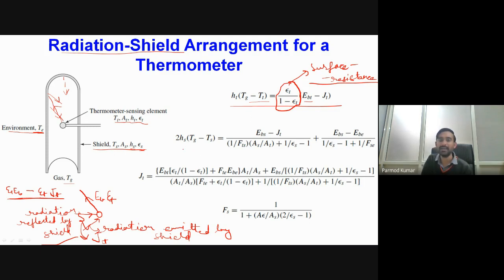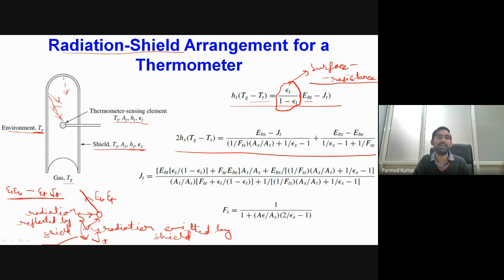Similarly, if you apply the energy balance across the radiation shield, what will be happening in case of the radiation shield? Now one important point I would like to highlight here. While we have considered this small thermocouple, we have not included the view factor or geometric shape factor. Why have we not included it? Because we are considering that the surface of the thermocouple is very small in comparison to the surface of the radiation shield, and it is completely enclosed inside the radiation shield.